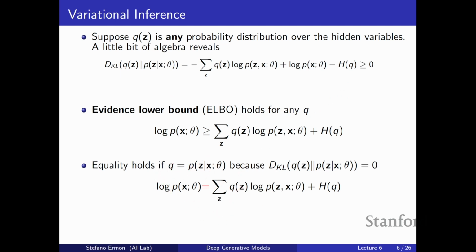It exactly matches the log marginal probability when you infer the latent variables, the missing variables, using this optimal proposal distribution that uses the true conditional probability of Z given X to guess the parts of the data that you don't know.